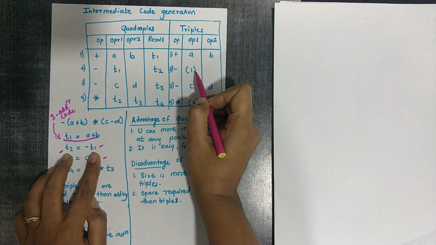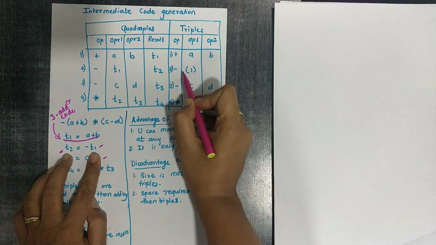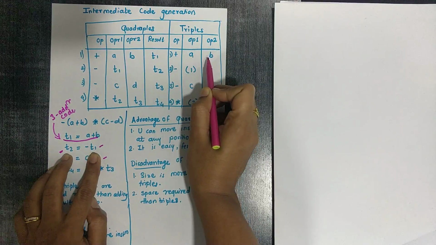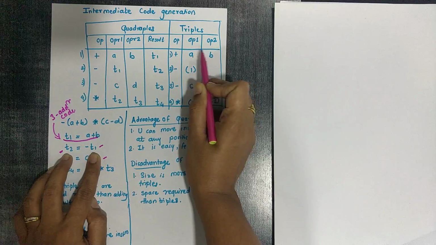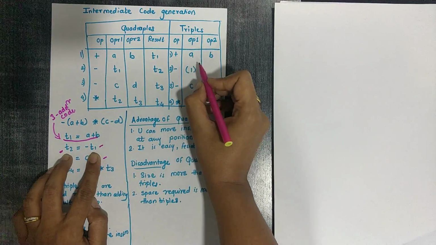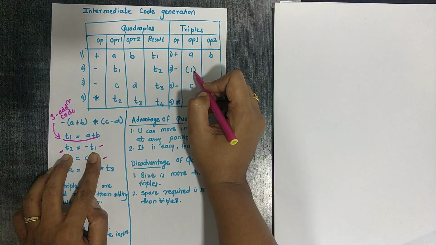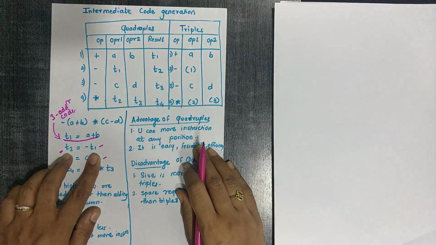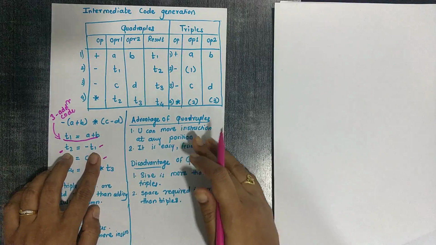So minus is the operator, and what we are going to minus, that is the first statement, a plus b, so we are going to reflect that number only, that is number 1, only one operand.